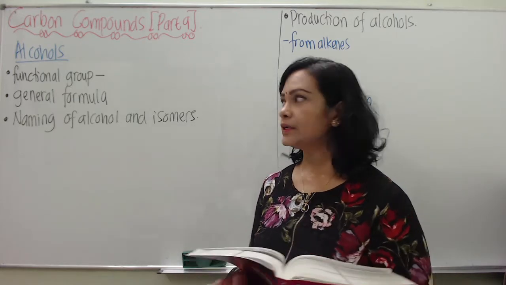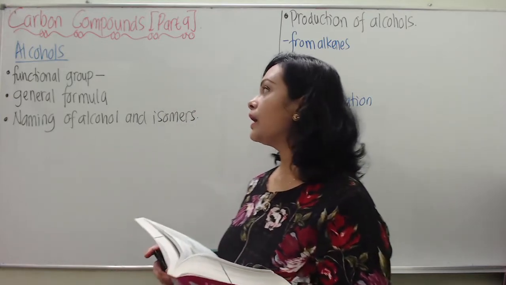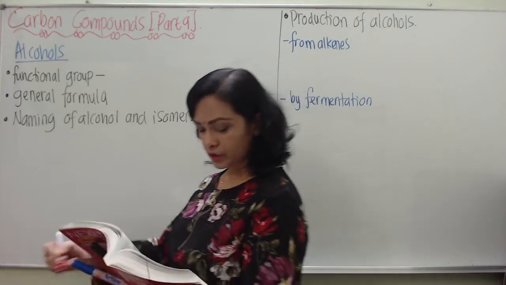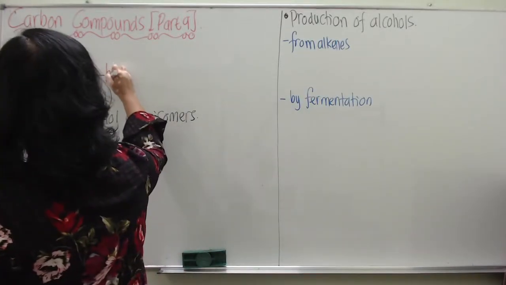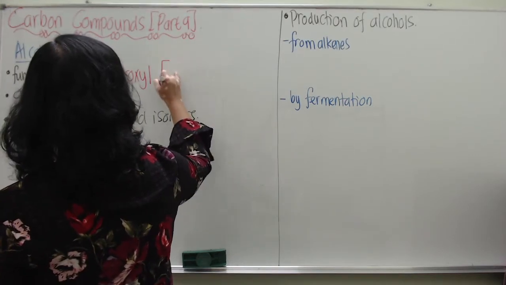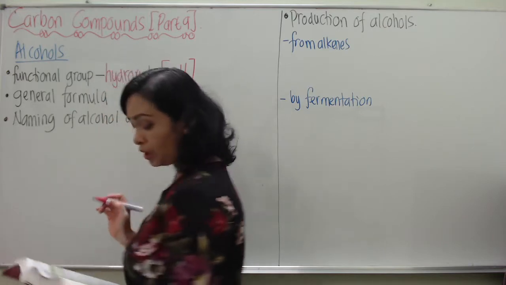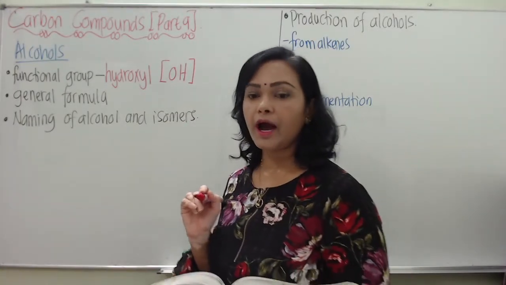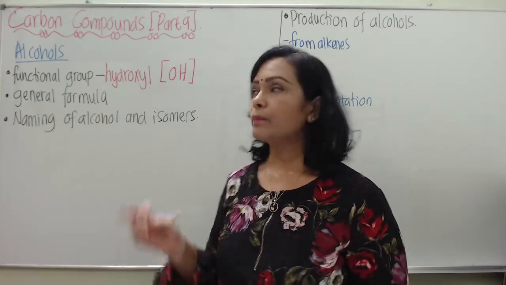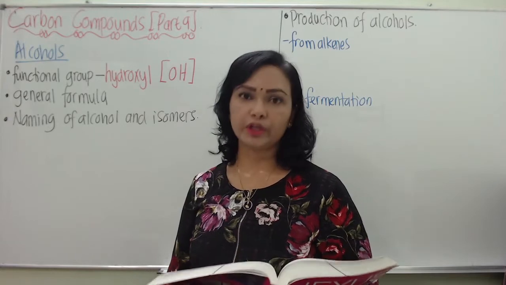But alcohols are grouped as just carbon compounds because their functional group is hydroxyl, which is OH. Now, remember, this is not the hydroxide ion. Hydroxide ions come from water, but these are hydroxyl groups.